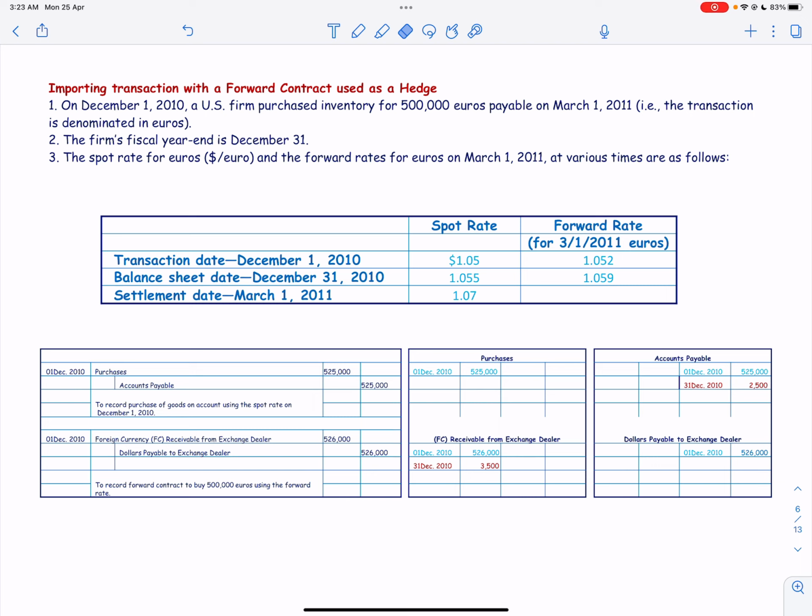So we will look into this transaction to be recorded on 31st December in the next slide. But before that, I have recorded these journal entries into these T accounts. Purchase is 525 and accounts payable is 525 in the credit. Foreign currency receivable from exchange dealer is debit and payable is credit.